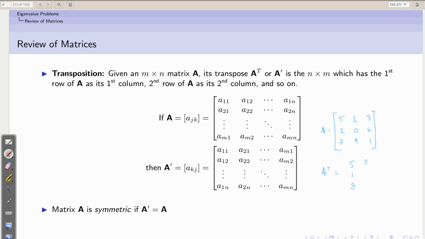Next is 2 0 6, that becomes the second column. Then we have 7 9 1. Obviously we can see that these two are not the same. Here there is a 2, there is a 1 here; here there is a 1, there is a 2 here. So these two matrices are not the same, so this is not symmetric.